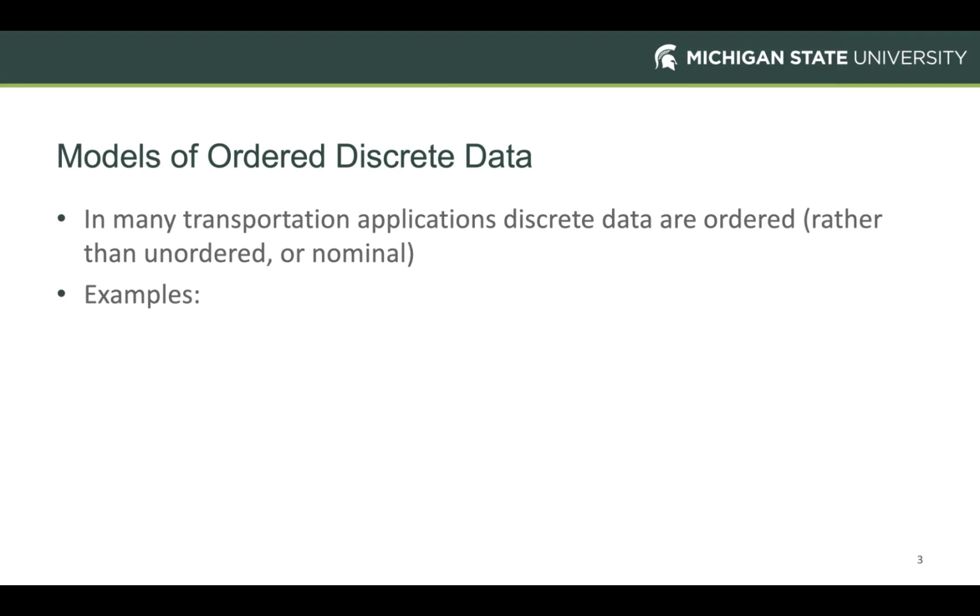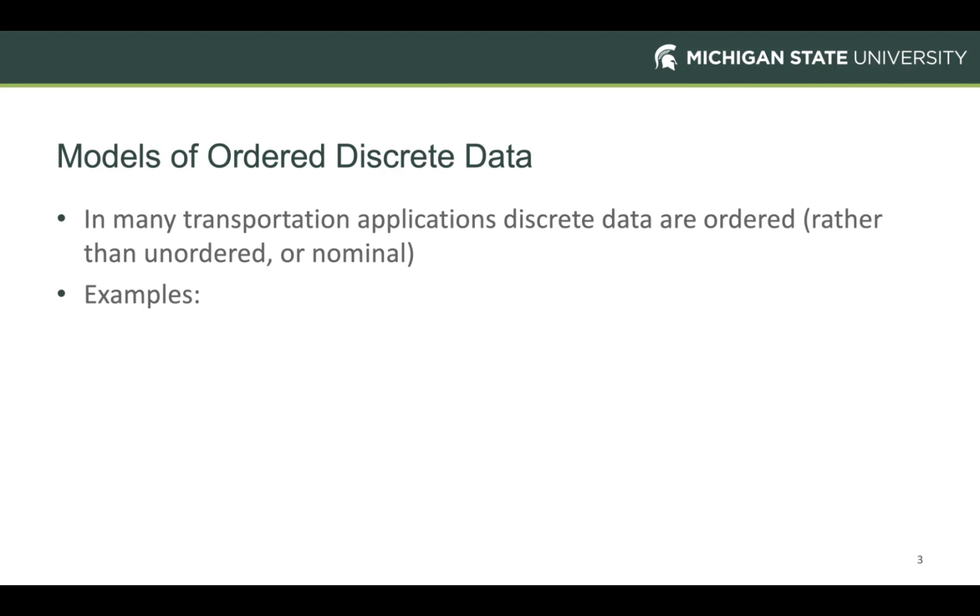Okay. And so, as I had mentioned, we've worked with a variety of different types of data sets where our dependent variable is discrete in nature. And so, oftentimes in various settings within transportation research, we'll run into discrete data that have some inherent natural ordering structure, as opposed to the route choice example we talked about last week, where there wasn't necessarily any sort of inherent numbering structure or meaning to the way those variables were coded in terms of which of the routes were selected.